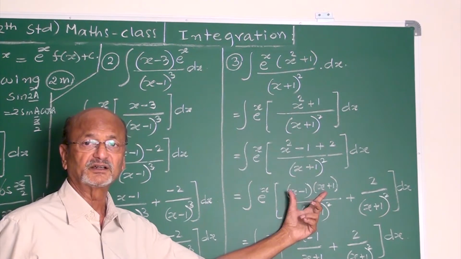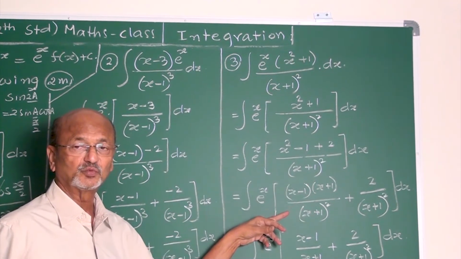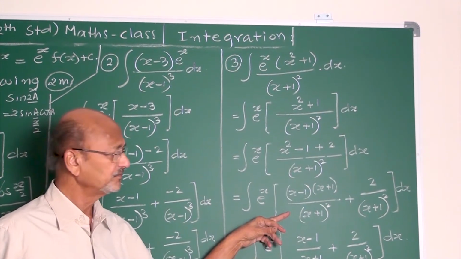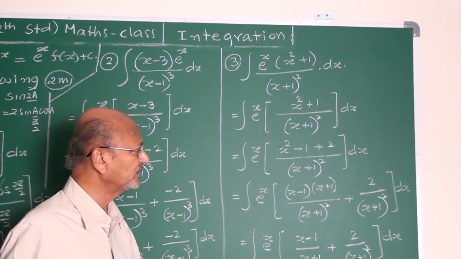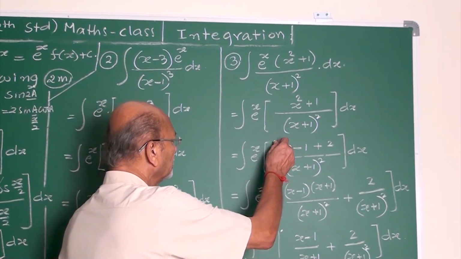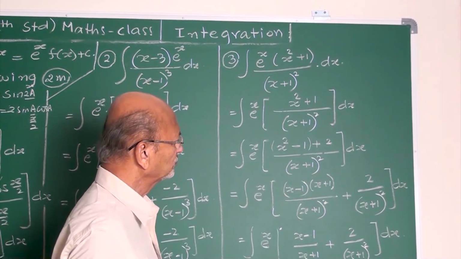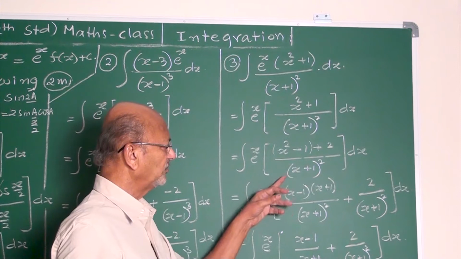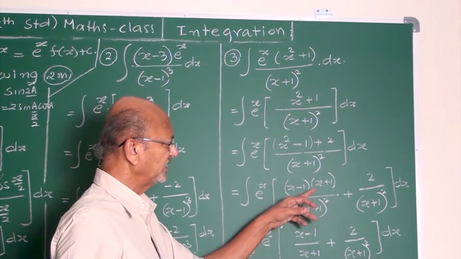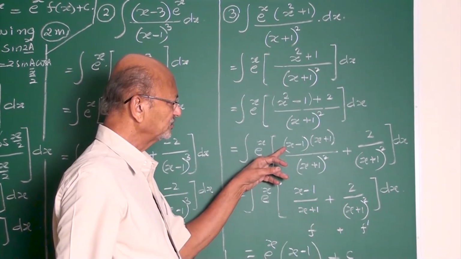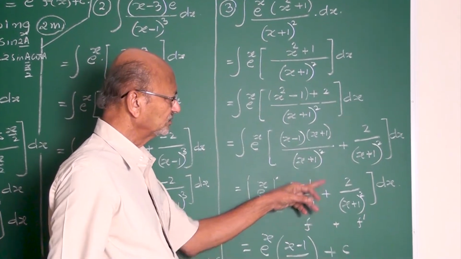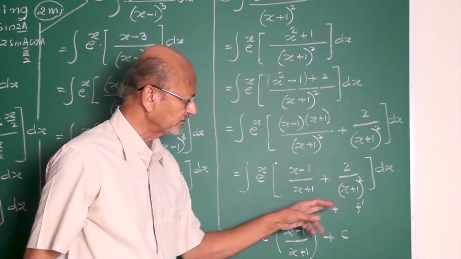If I write the factors, this x plus 1 cancels with one factor in the denominator. My friends, I hope it is clear that plus 1 can be written as minus 1 plus 2. Factors of this upon x plus 1 the whole square. X plus 1 cancels. X minus 1 upon x plus 1 plus 2 upon x plus 1 the whole square.